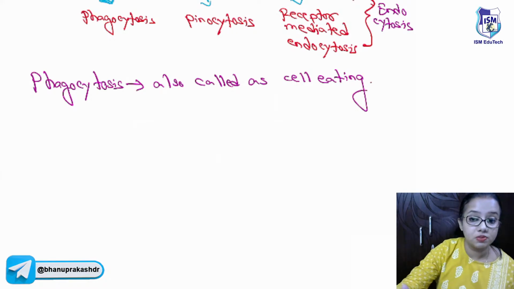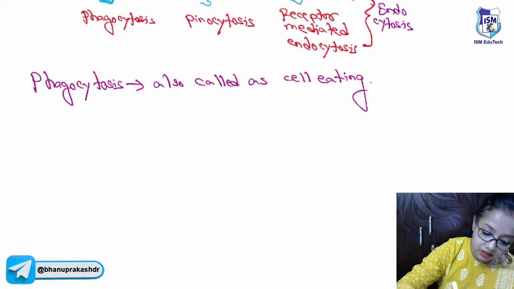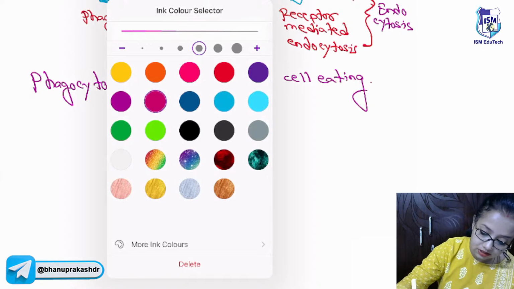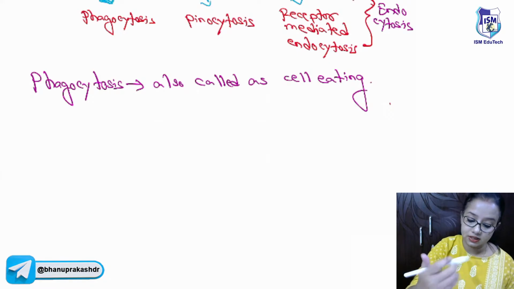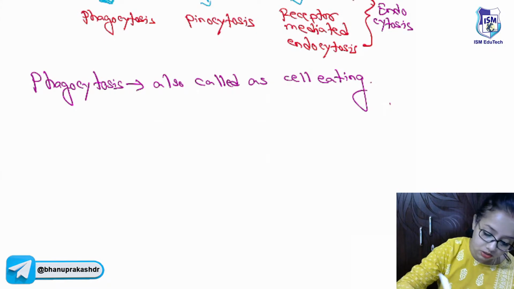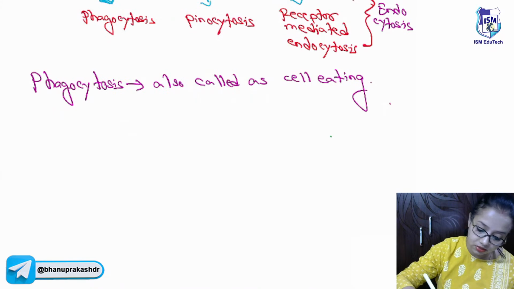Here, actually, what happens in phagocytosis? It is the debris, or the larger molecules, which are engulfed by the cell. So, if we are to draw this, how does this phenomenon happen?